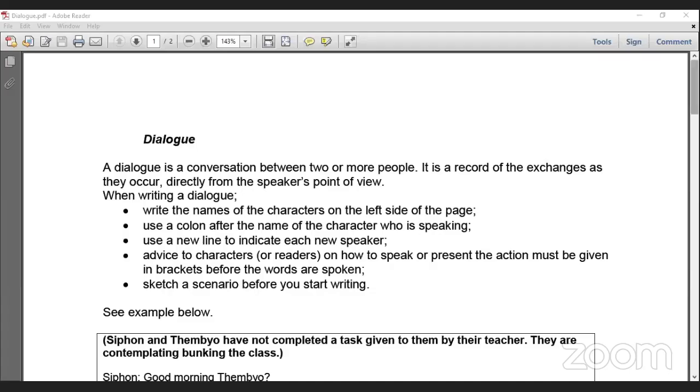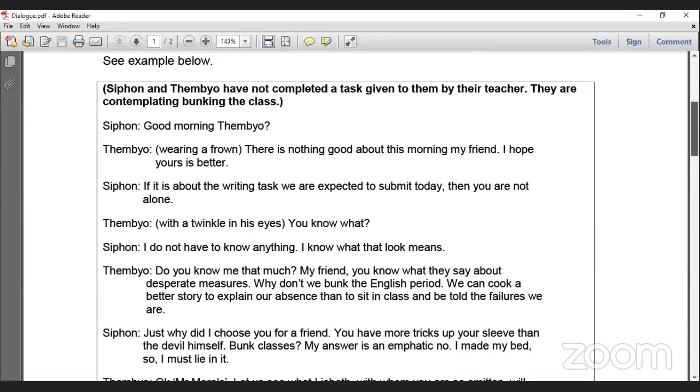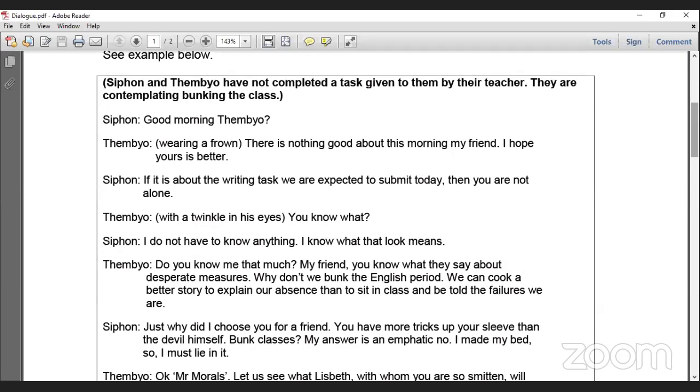There we go. Here is our dialogue. And we have this example of Siphon and Tembio. So it says Siphon and Tembio have not completed. Okay, it seems to not work, but it's okay. Let's go back to our PowerPoint presentation and continue with our task.